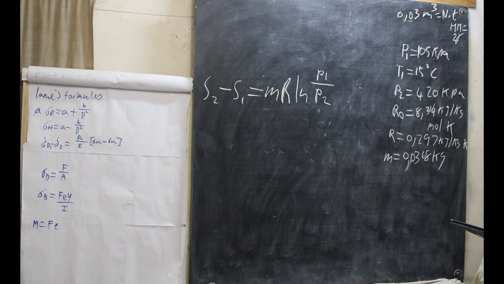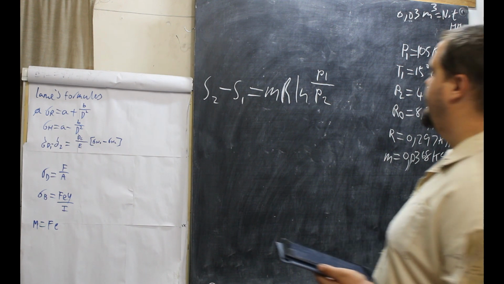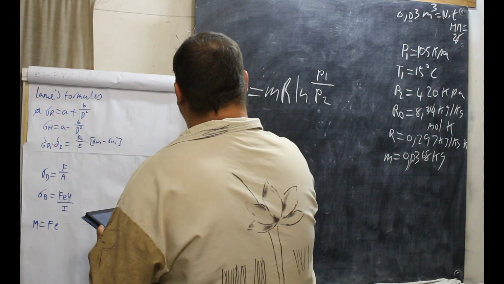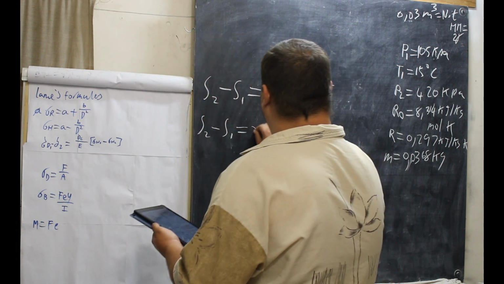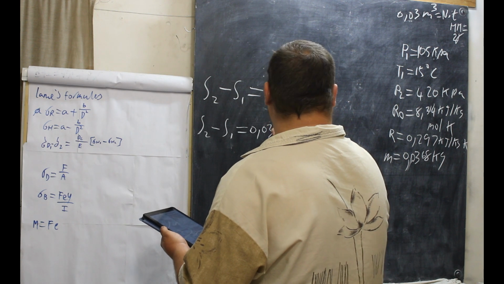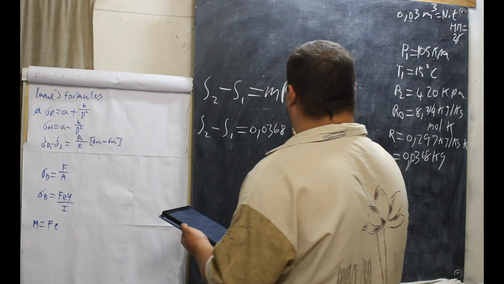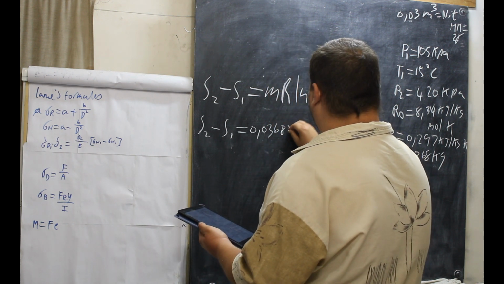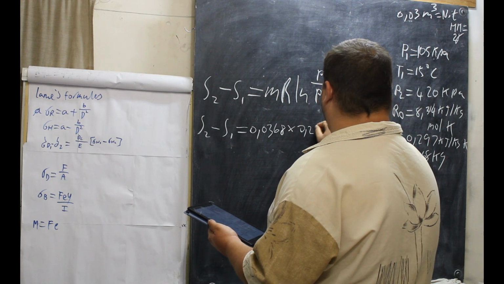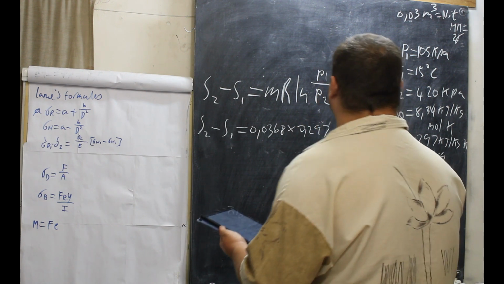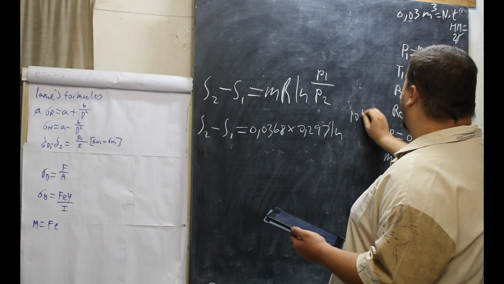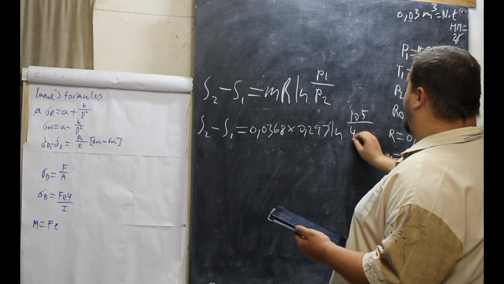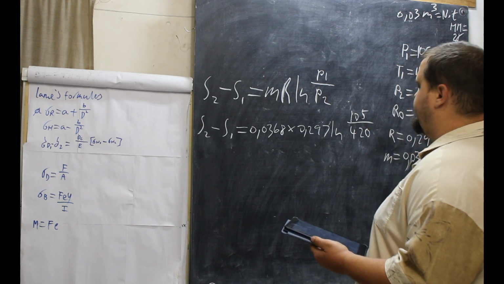So we have P1 and P2. So S2 minus S1 equals m, 0,0368 times 0,297, ln 105 over 420.